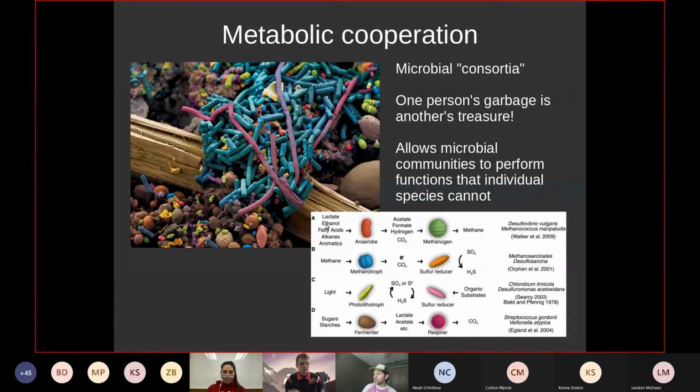So we can take ethanol, and that can be metabolized by anaerobes into CO2, which can be used by methanogens to create methane. All right, and so these biochemical pathways that we think about, like how do you turn grass into fuel for your car? Well, it takes more than one species. So that's metabolic cooperation. We see this in nature all the time.